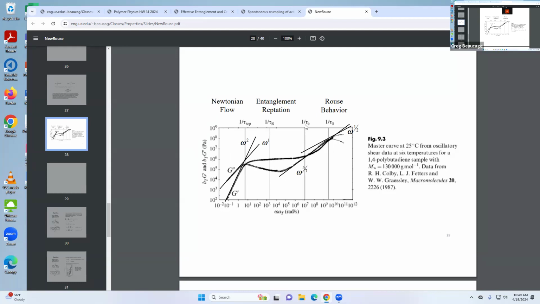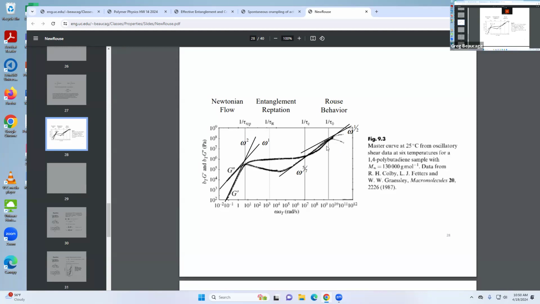And then finally you get to the tube, so that the entanglements are making a mesh. But if you get to smaller size, or higher frequency, eventually you get to the point where you see the tube, right? And the tube is made up of entanglements, and the chain within the tube is totally free to move. It has no entanglements, so it follows Rouse behavior. And the Rouse prediction is this frequency to the 1/2. So at really high frequency, you can see the frequency to the 1/2 thing shows up.